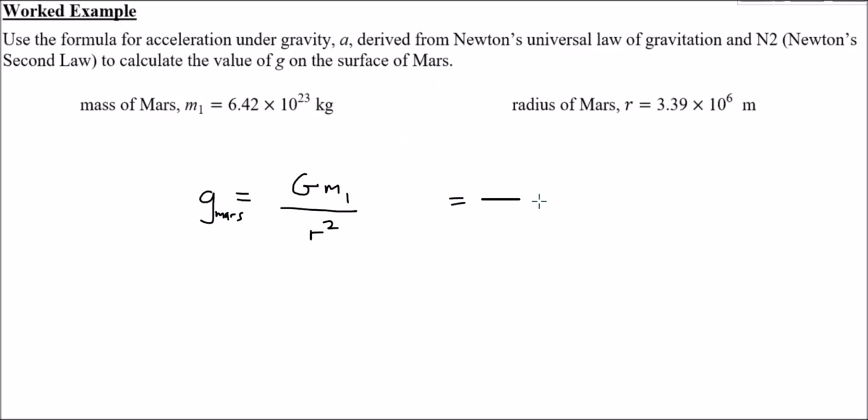That was 6.67 multiplied by 10 to the minus 11, the universal gravitational constant. M1, 6.42 multiplied by 10 to the 23. As you can see, it's less massive than the Earth, but in the grand scheme of things in terms of the solar system, it's the same sort of ballpark.